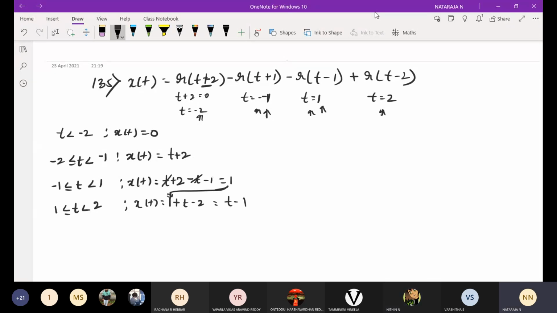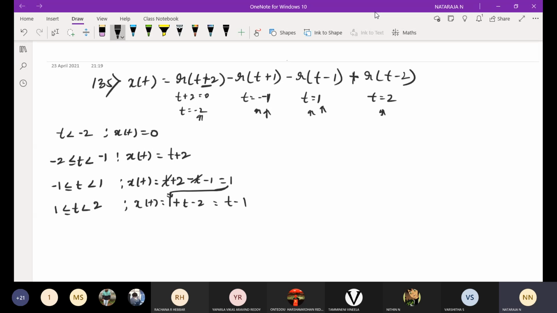This one is the previous output. Then plus t minus 2. Present t plus minus 1, t minus 2. 1 plus t minus 2. What is the value? This is plus t only. This is plus 1. Minus 2 plus 1.